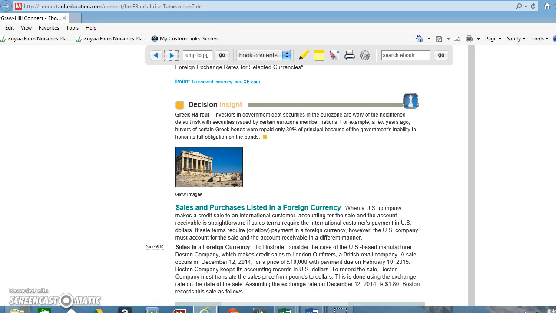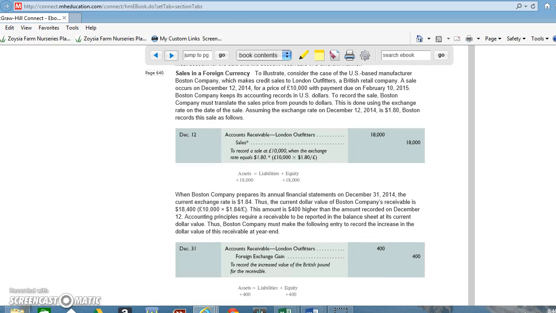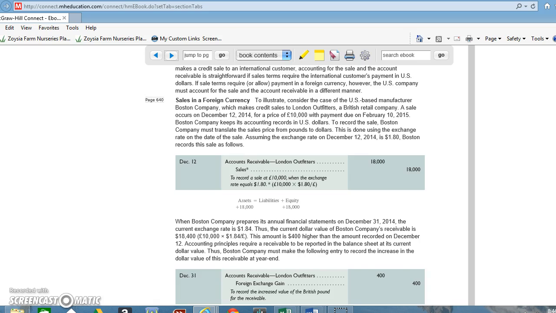It's something good to think about: companies that deal in different currencies and different countries and how they account for that on their U.S. books. Give that a quick read as you wrap up chapter 15 here.